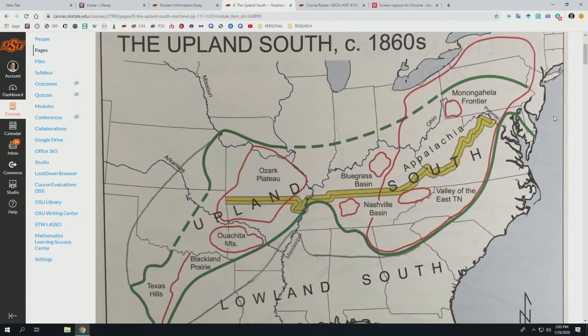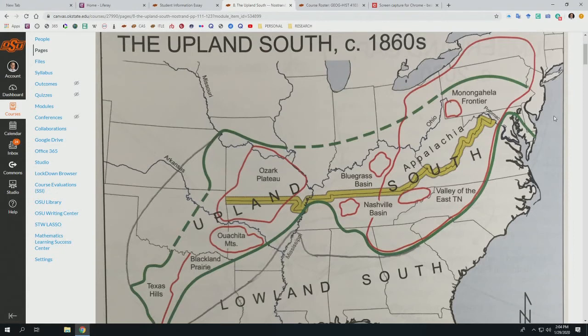They can be utilized for a very long amount of time. And the Bluegrass Basin and the Nashville Basin both became important agricultural areas, and the first areas within the upland South, really, where plantation production got established, and therefore slavery.